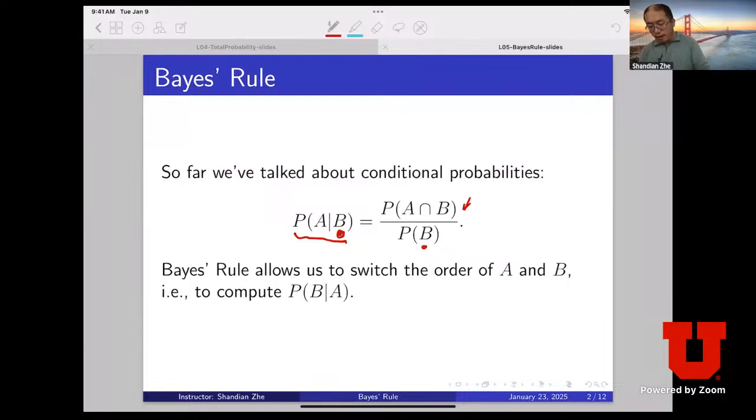Here it is conditioned on B, so the denominator is the probability of B. That's our definition of conditional probability.